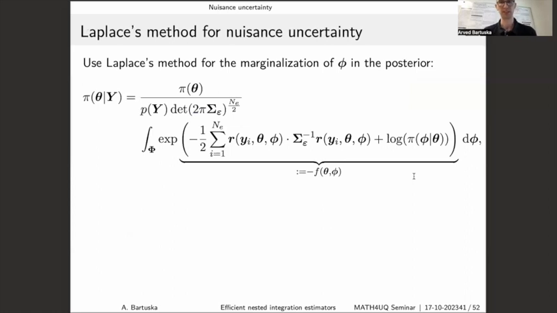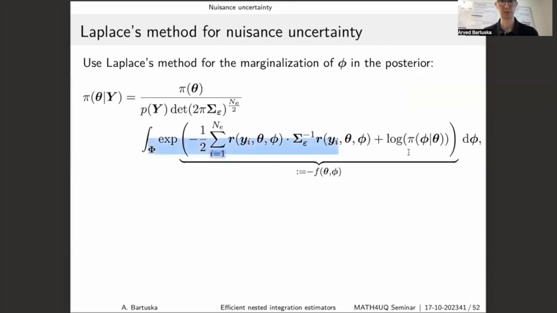Okay, and now here's our contribution to this part. We use Laplace's method in a slightly more elaborate way here than we did before. So we use this for the marginalization of these nuisance parameters. Here is the posterior, again given by the prior over evidence times likelihood.